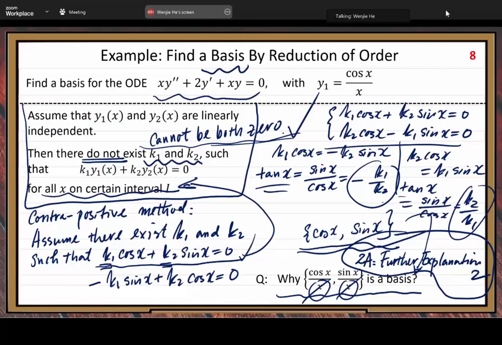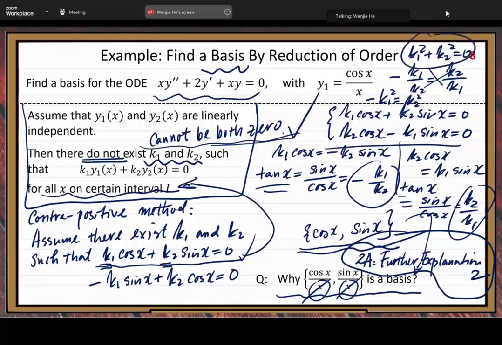So negative k1 over k2 equals positive k2 over k1. Multiplying, we get negative k1 squared equals positive k2 squared. Then k1 squared plus k2 squared equals 0.